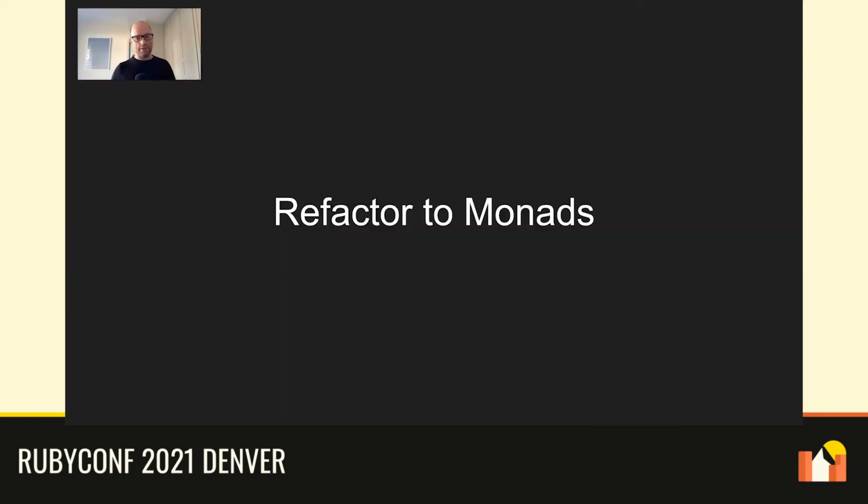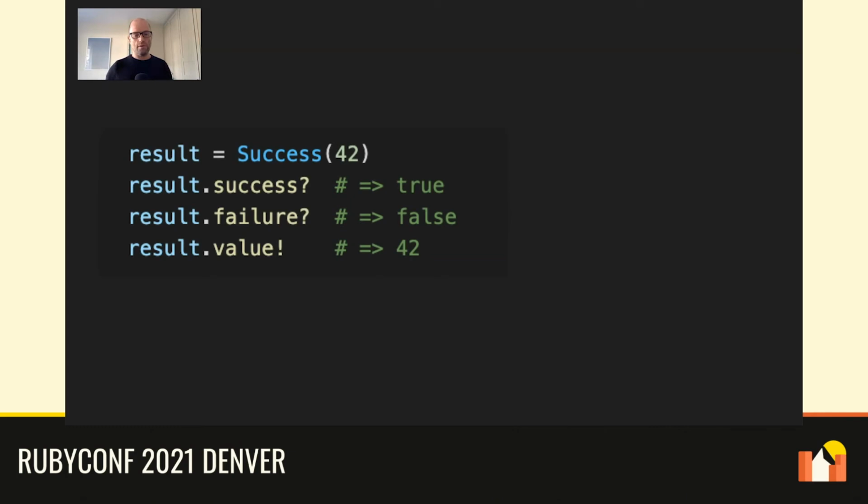So let's refactor the code that we had before to monads and see what happens. The first thing we need to talk about is how do you create a success or a failure? I'm going to be using the dry-monads gem for all these examples. We create success by using the Success class, unsurprisingly, and we can pass in a number.